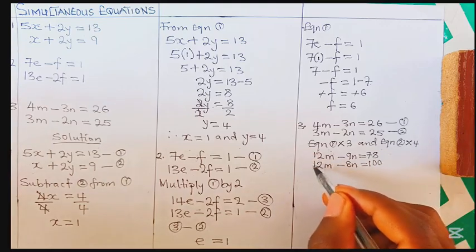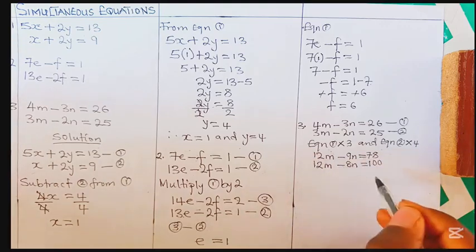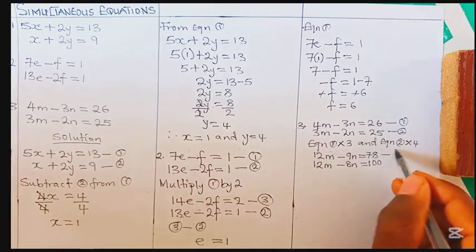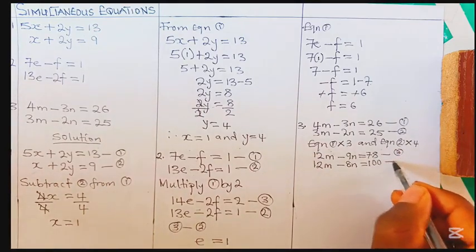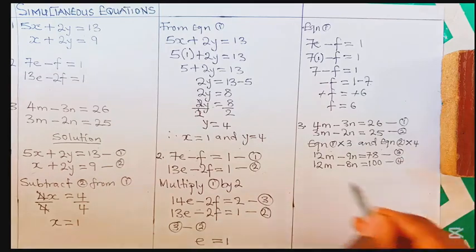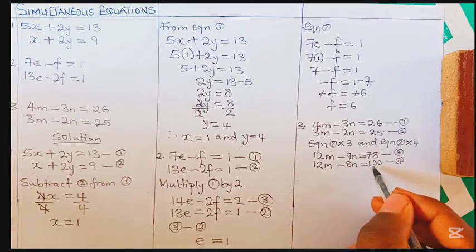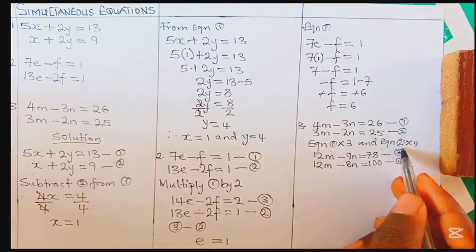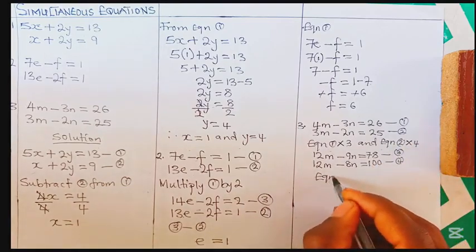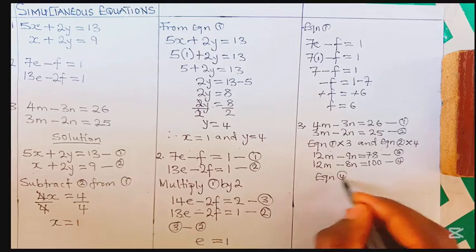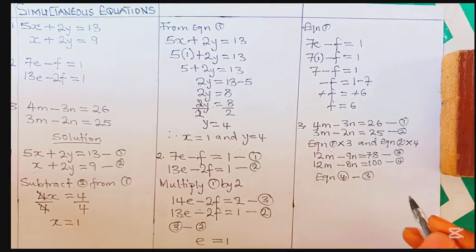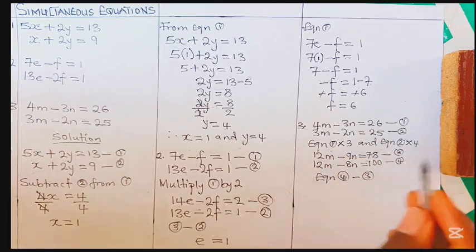Since they are both positive, we subtract to eliminate m. So this is equation 3 and this is equation 4. So equation 4 minus equation 3, we have 12 minus 12.